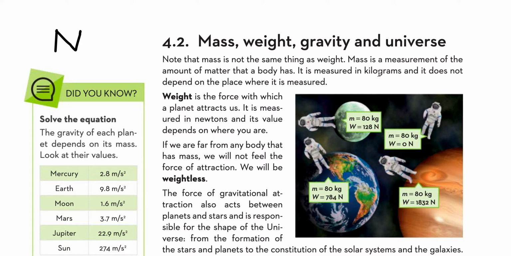Mass, unit kilograms; weight, unit newtons. Mass is an amount of matter, but weight is a force. Mass is not a vector, it's just a number, but weight is a vector, a force vector.